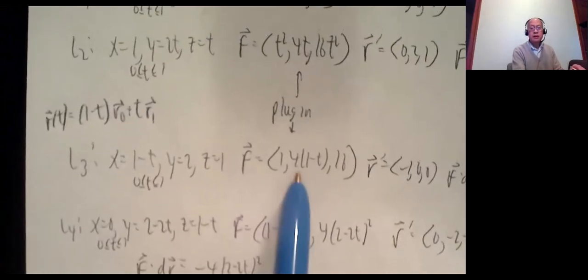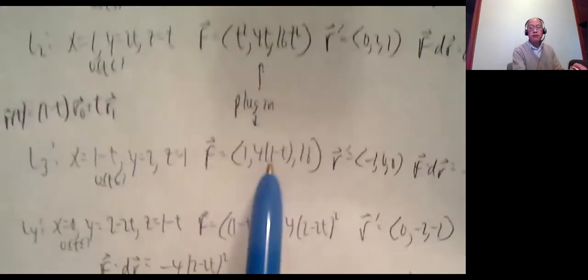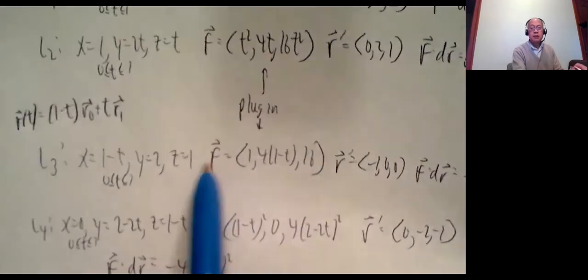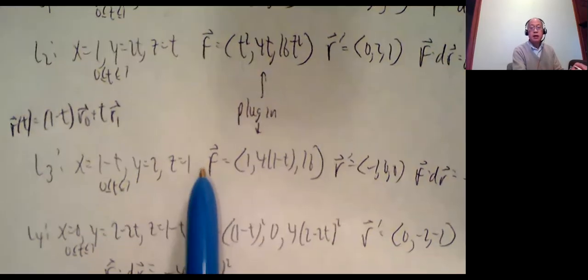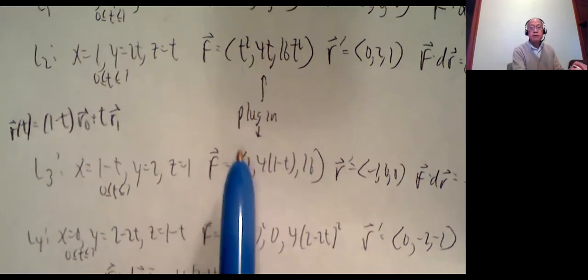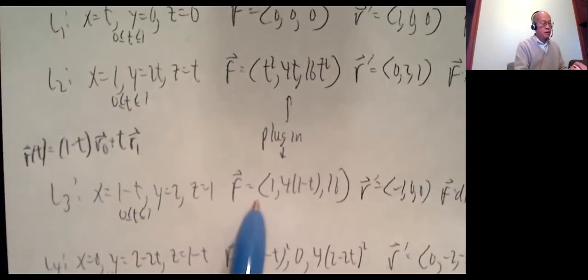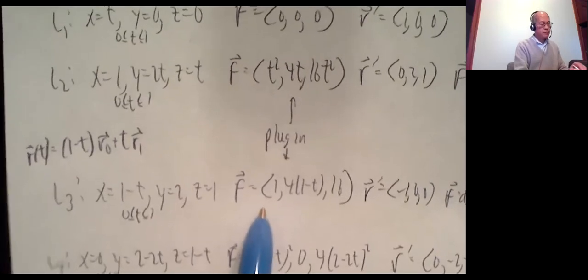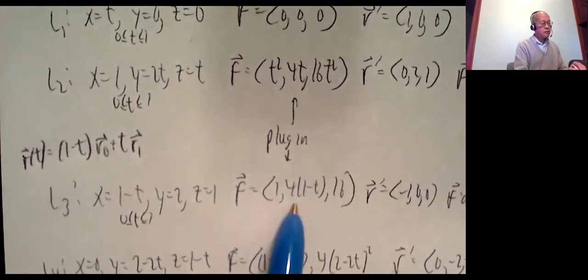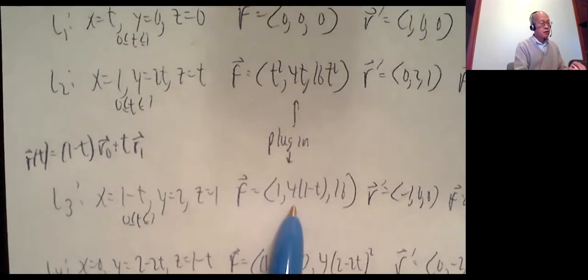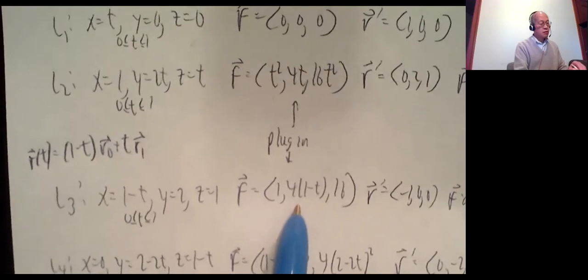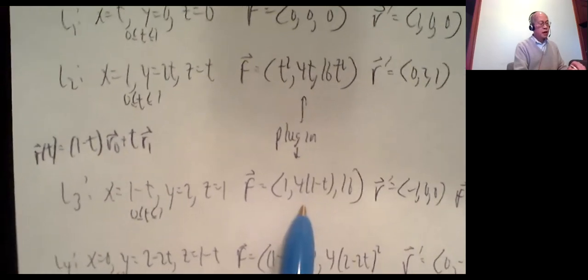Now, how did I get this? 16 times, see what I did here. It's -1. Four times x times y. So 1 minus t times this.